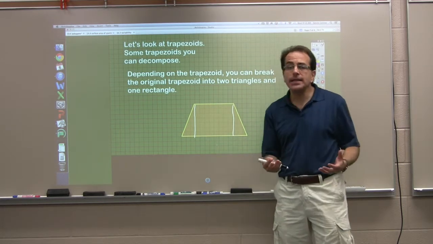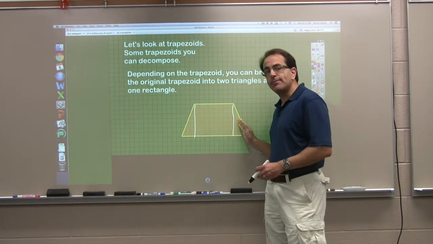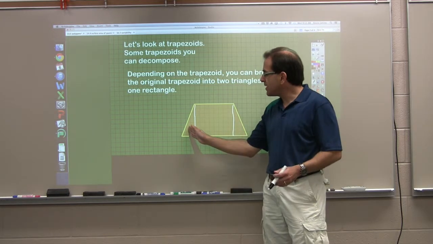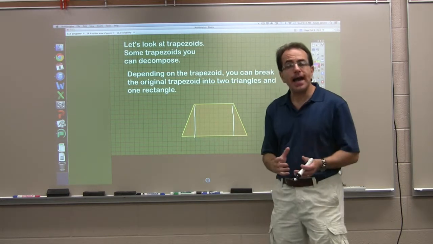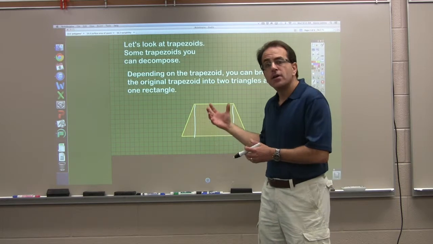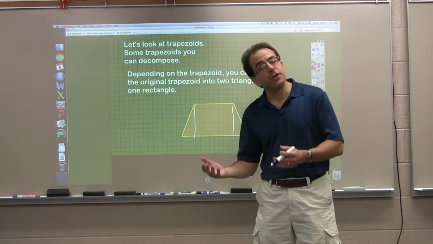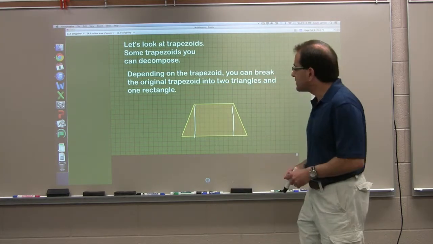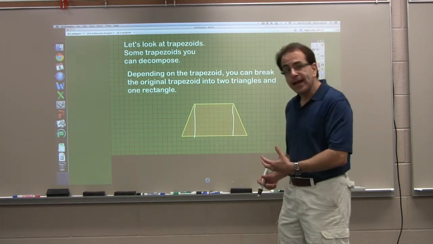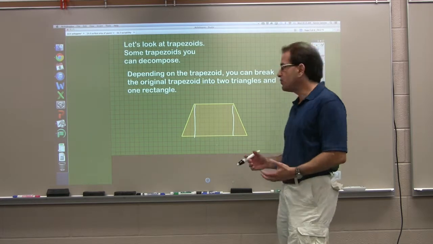I know how to find the area of each of these shapes. So once I find the area of all 3 shapes and add them together, I have the area of my trapezoid. Now, as with many things, there's a formula for this as well. Let's take a look at how we get that formula, and then we're going to use it.